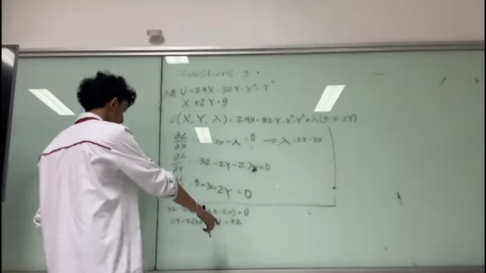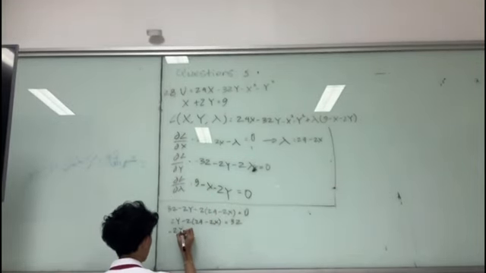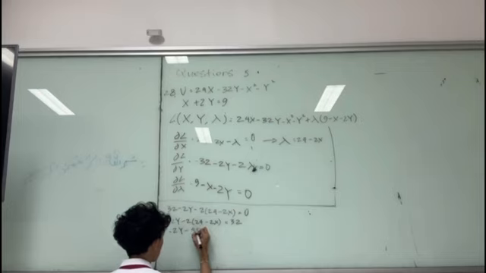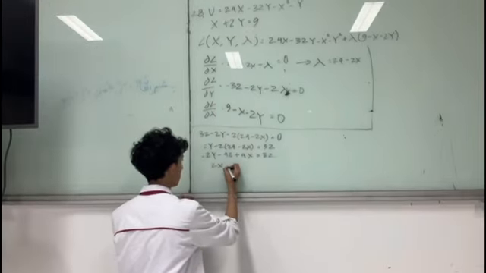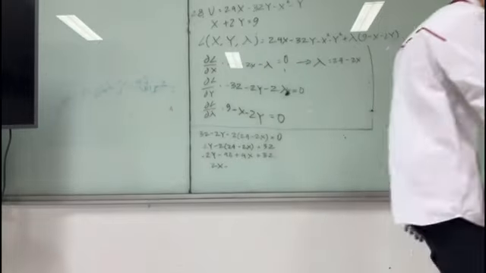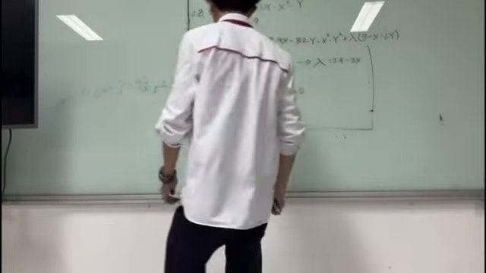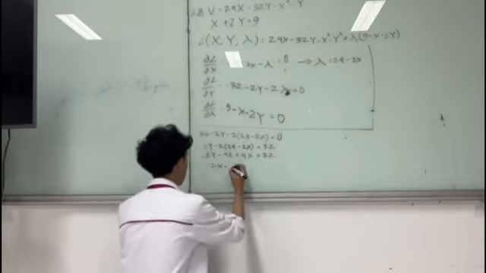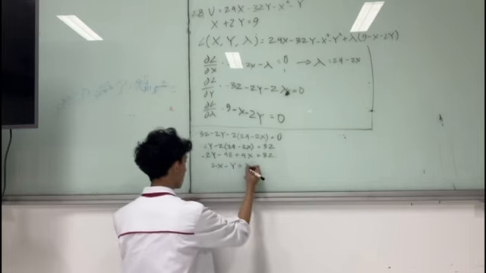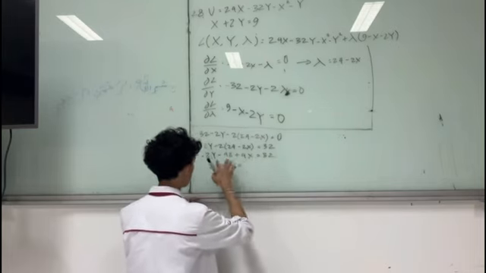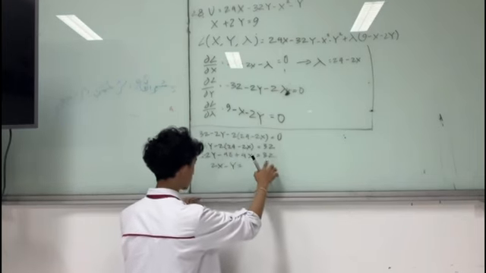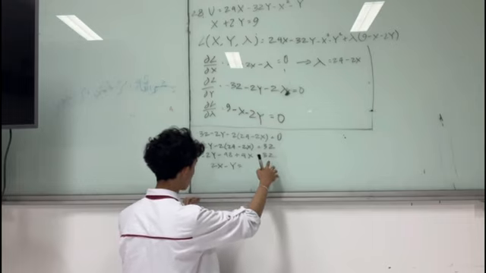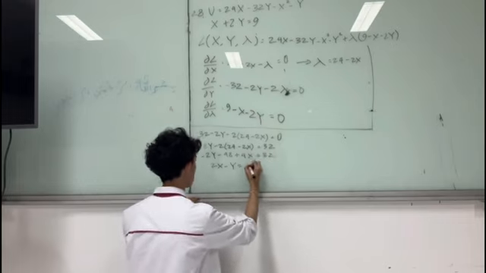So we divide this, and we get minus 2y minus 48 plus 4x equals 32. Moving terms, 4x minus 2y equals 80, so this will be 40 after dividing by 2.